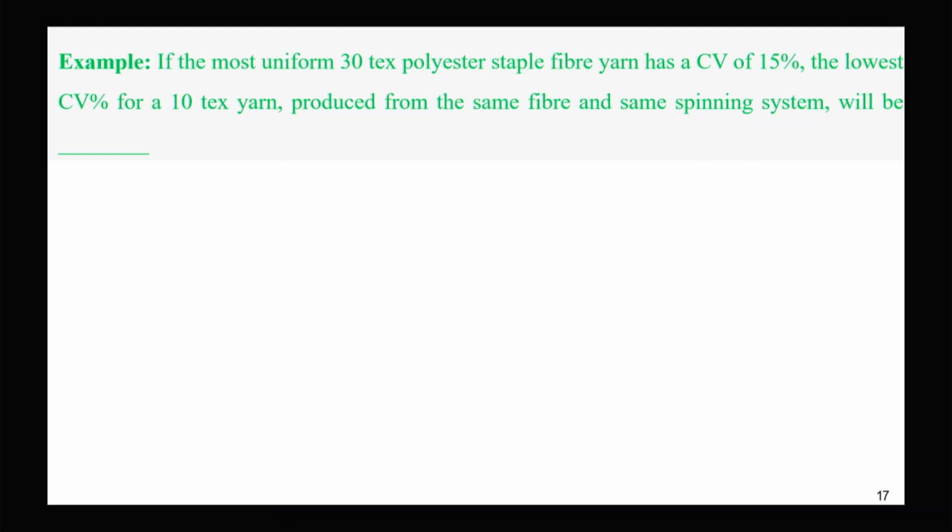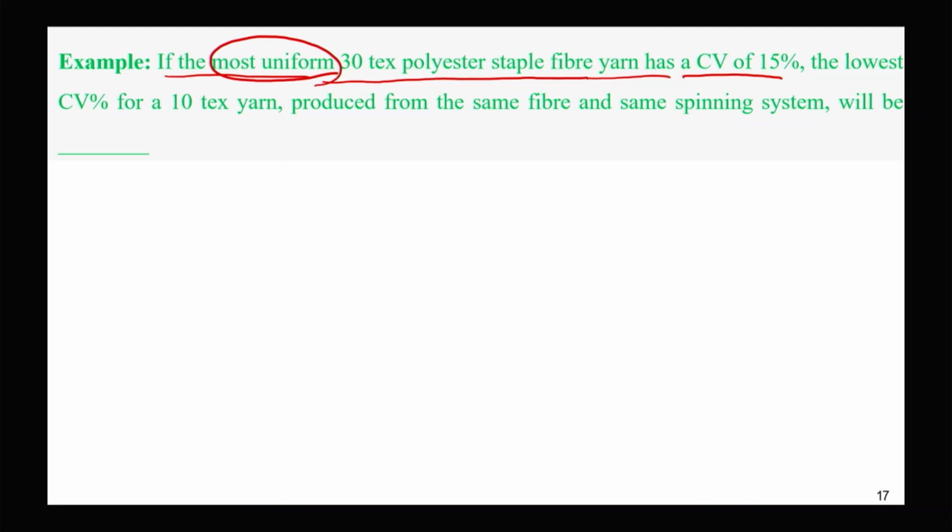Now let us try to do another numerical. If the most uniform 30 tex polyester staple fiber yarn has a CV of 15%. Here the term most uniform means the spinning system is running perfectly.